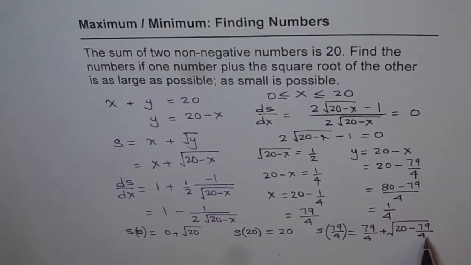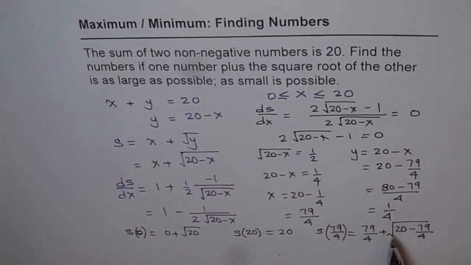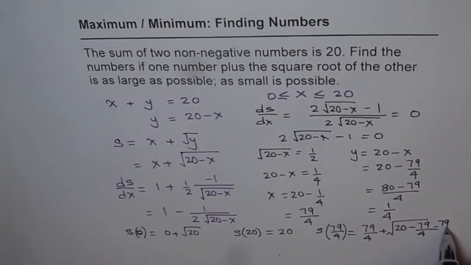We can use a calculator to calculate. 4 times 20 is 80, 80 minus 79 over 4 gives 1 over 4, which we have already calculated for y. Correct? We could have substituted the same value here. So the square root of 1 over 4 will be half. So it is 79 over 4 plus half.